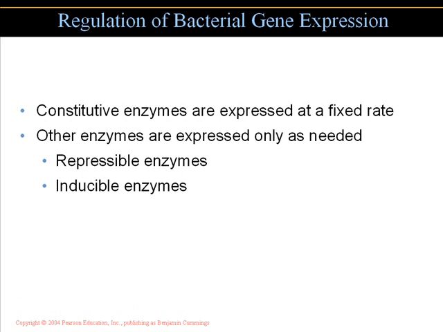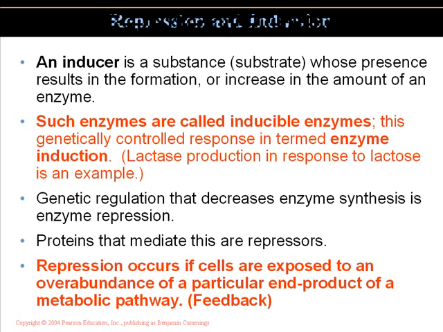Now, the enzymes we see are expressed at a fixed rate. These enzymes are expressed, need to be repressible genes, for example, that control certain types of gene expression, and inducible enzymes as well. An inducer basically is a substance or a substrate whose presence results in formation or an increase in the amount of an enzyme. Such enzymes are called inducible enzymes.